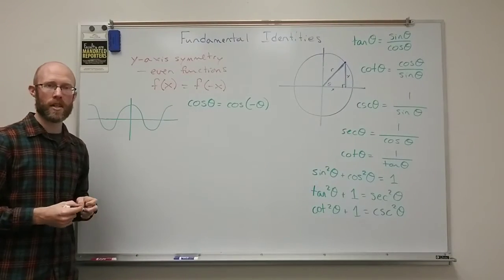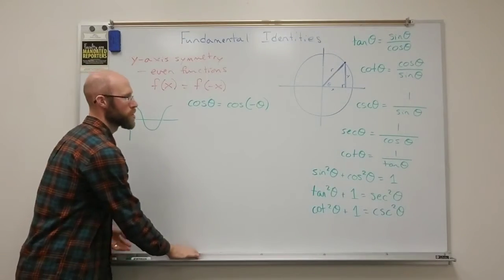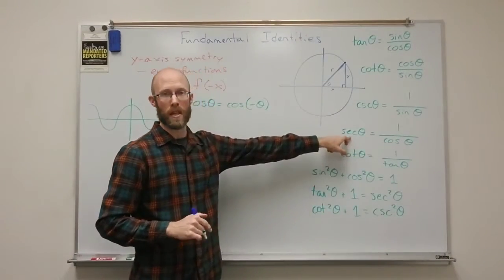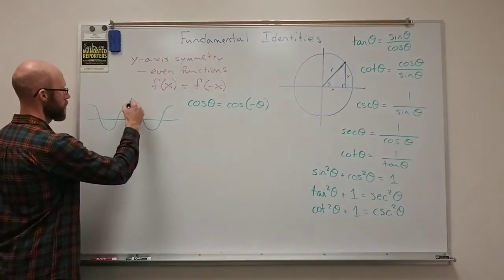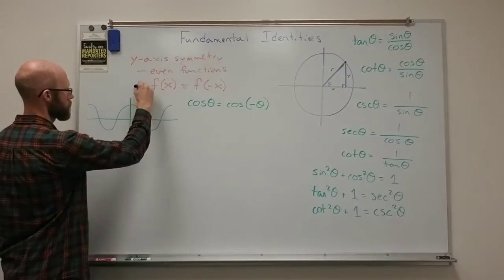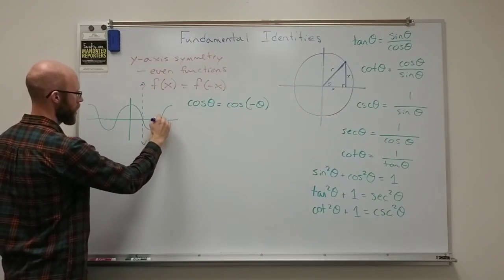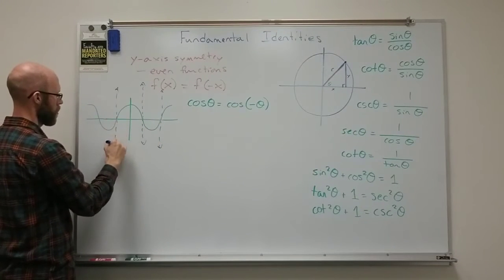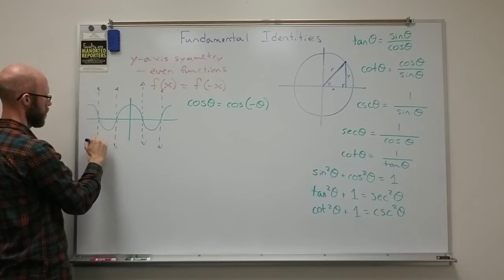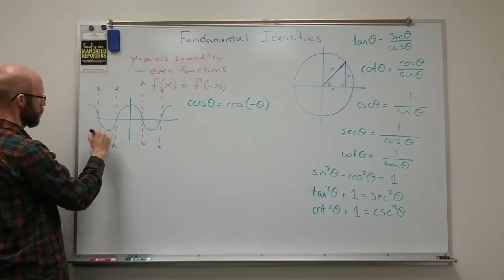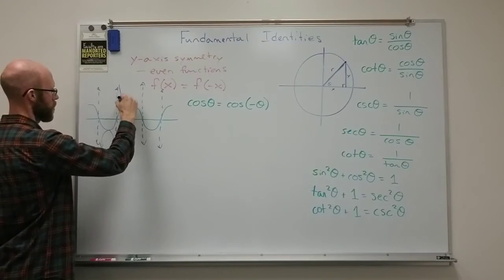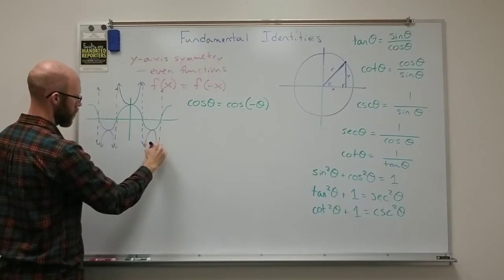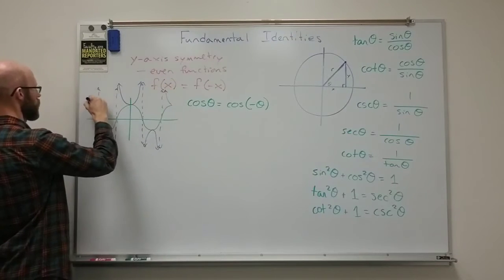Because the cosine is even, its reciprocal, the secant, will also be even. Remember, the secant is a function that has vertical asymptotes wherever the cosine had x-intercepts. And then you end up with these sort of U-shapes, like so.